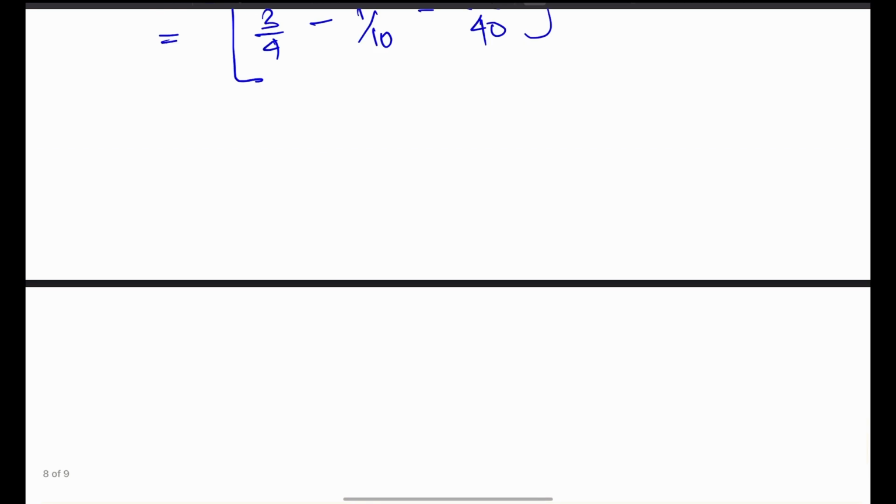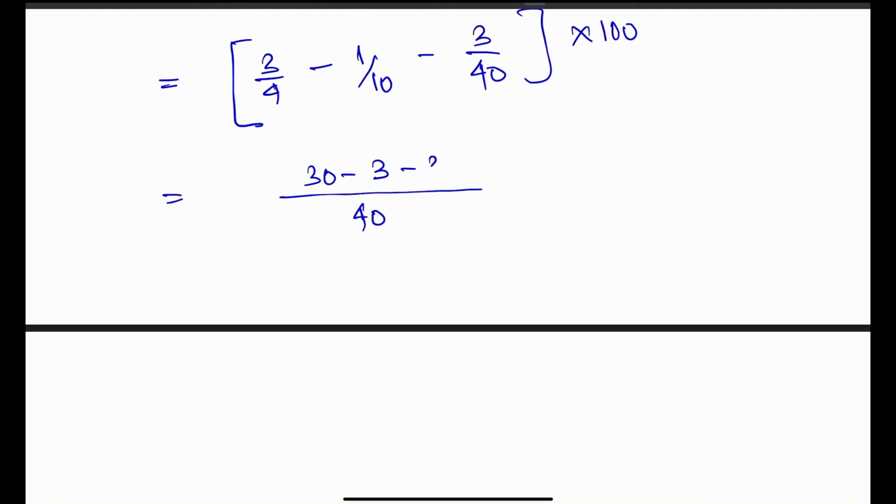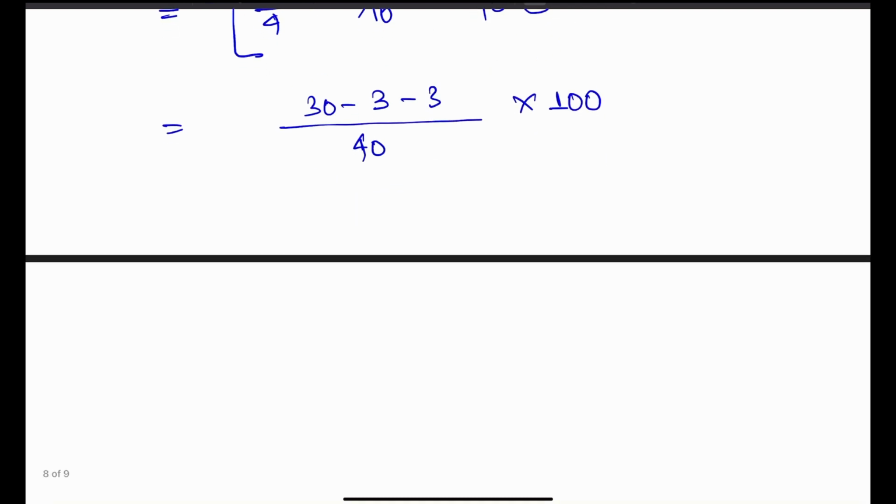So after solving, 40, so 10, 30 minus 3, into 100. So how much will it be? 30 minus 6 is 24. 30 minus 6 is 24.